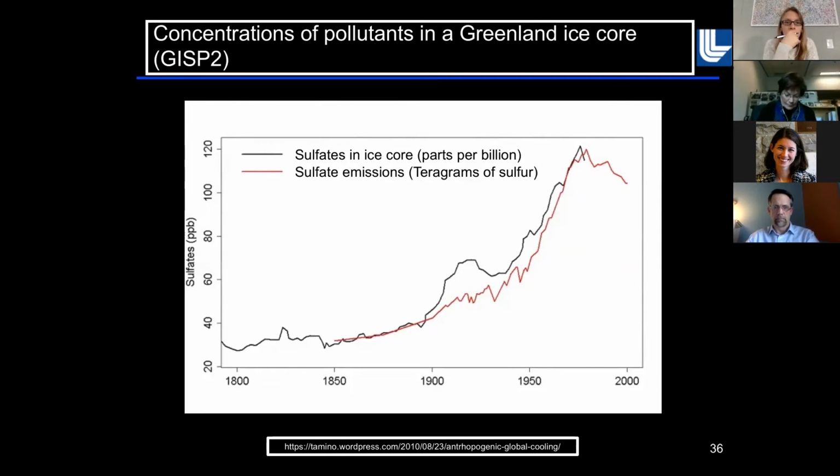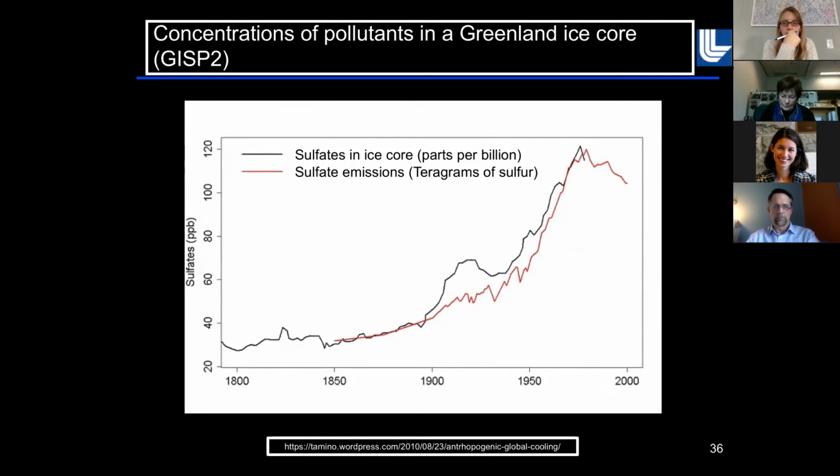So as industrial activity ramped up, we saw this rapid ramping up of emissions and atmospheric loadings of sulfates in Greenland ice cores. And then that decrease after about 1970 is in part due to our dawning recognition that sulfur pollution was not good, had lots of nasty consequences like acid rain.